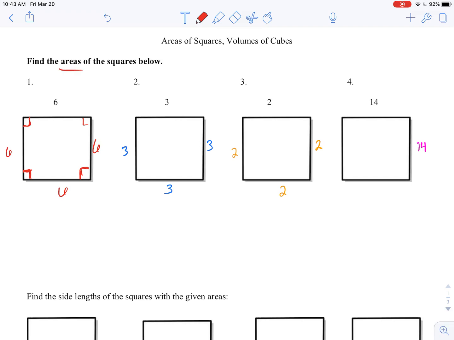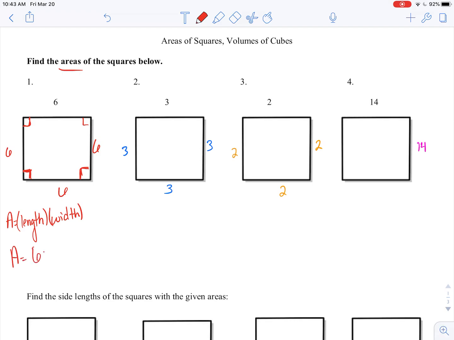All right. Now, how do I find the area? How do I find the area of a square or a rectangle? Well, I can take the length times the width. But what do we notice here about our length and our width?